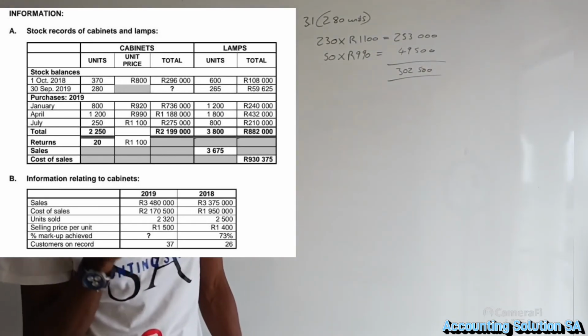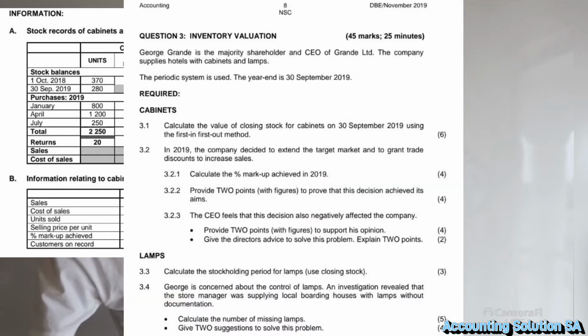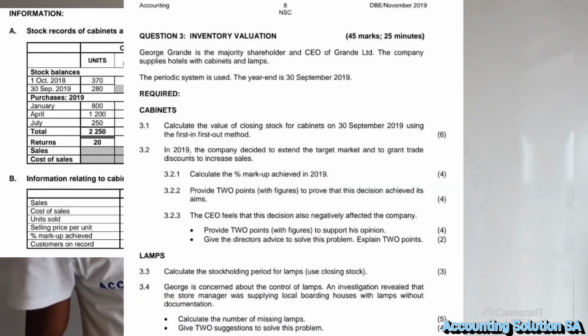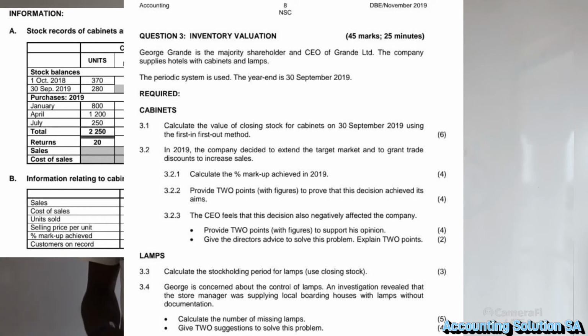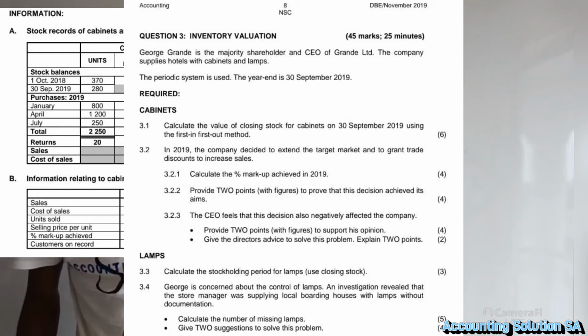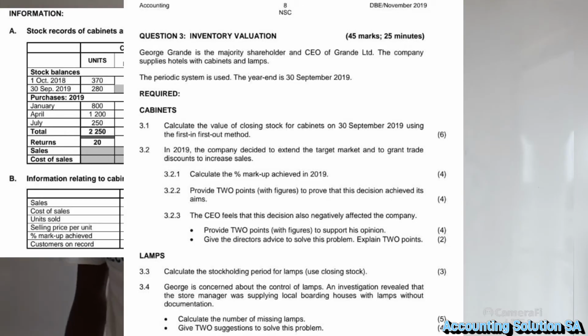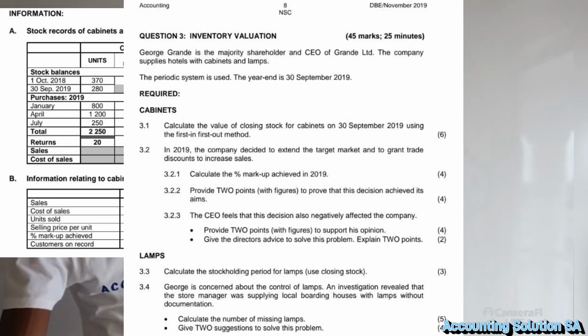Now the second question. They say that in 2019 the company decided to extend the target market and to grant a trade discount to increase sales. 3.2.1: Calculate the percentage markup achieved in 2019.